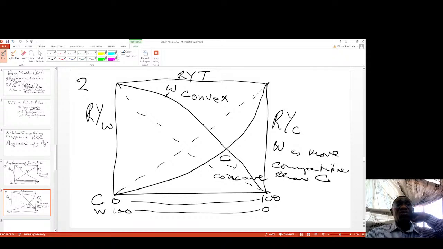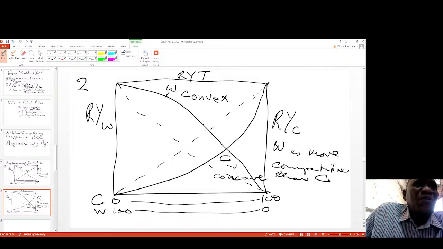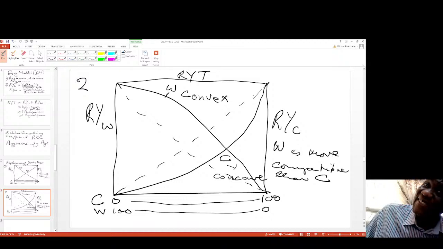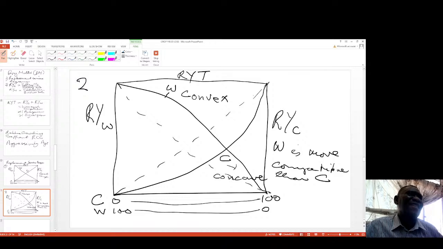So W is more competitive than C. Remember, you are working with the dry matter measured from that experiment, the replacement series experiment. Now what it is saying is that the crop is less competitive than the wheat. Let us move to the third scenario.